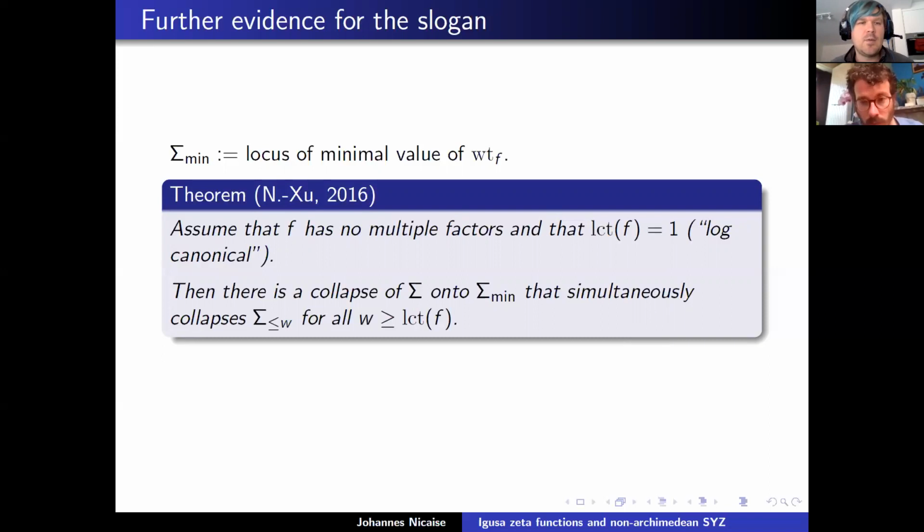That's right. Yeah, so when you say that this collapse simultaneously collapses, does it mean that it preserves this kind of sequence of elementary collapses? So you have the sequence of elementary collapses for the whole complex, and then for each w, you have a subcomplex.